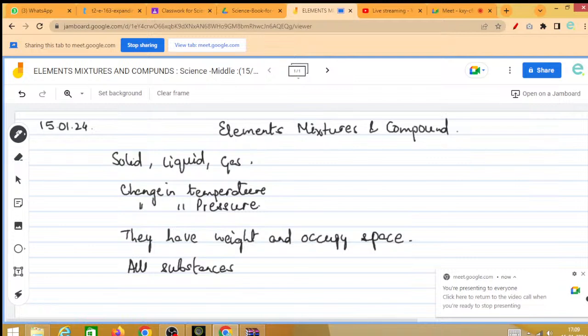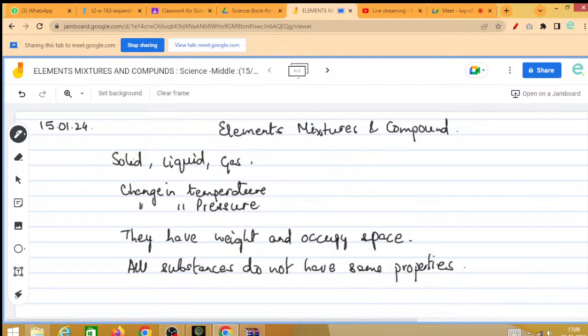What are the differences? Ma'am, some are big, some are small, so they differ on size and matter also. Miss, I can tell. Wait, let me ask Anjali. Anjali has also come. So what we did was solids, liquids and gases are states of matter.